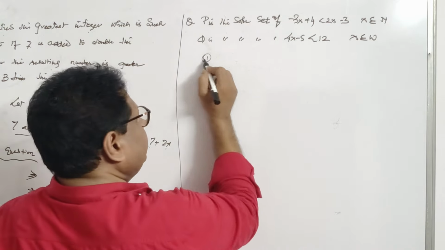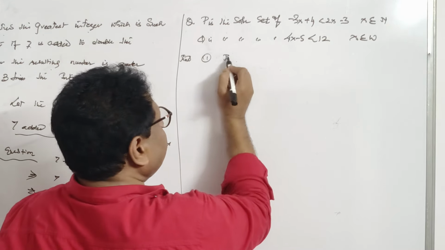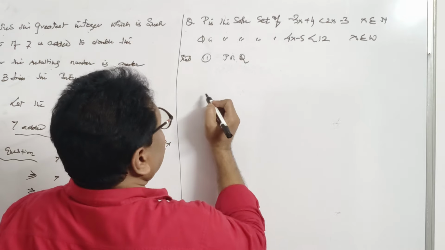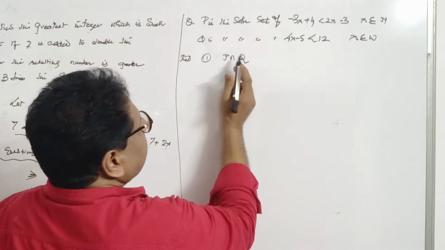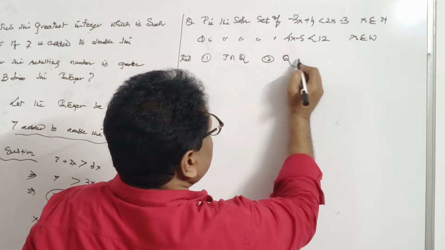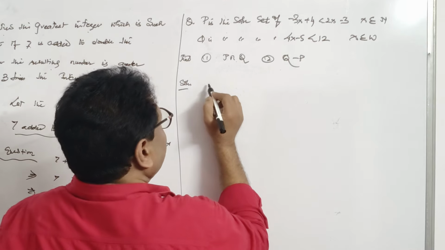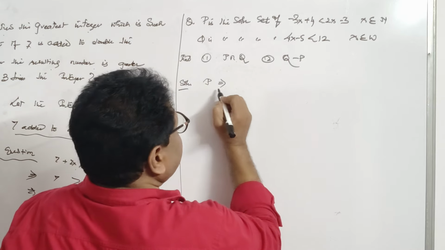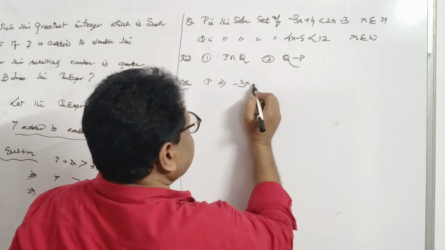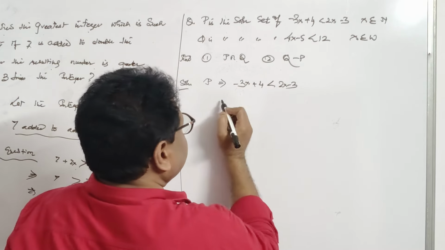Now the question says find P intersection Q. Intersection means the elements common to both, and second you have to find Q minus P. So let's solve the inequations first. For P, the solution set is minus 3x plus 4 less than 2x minus 3.